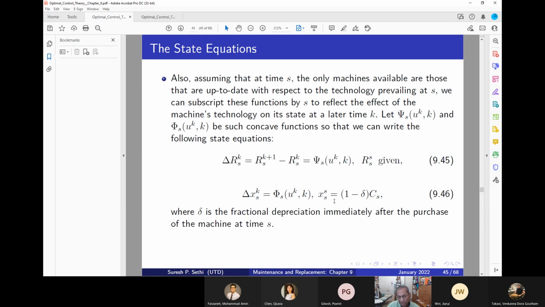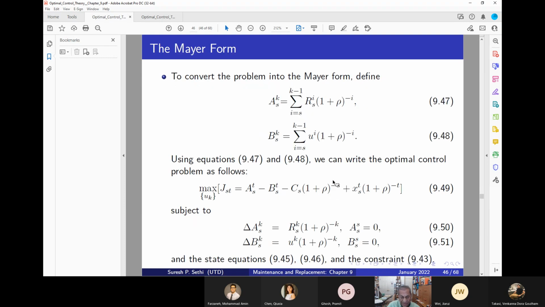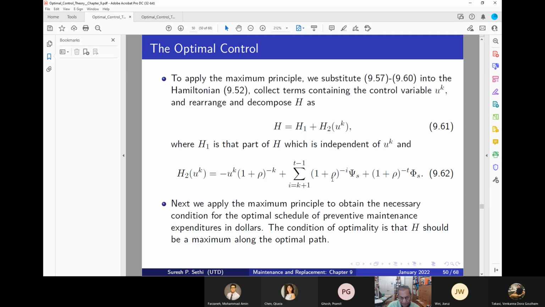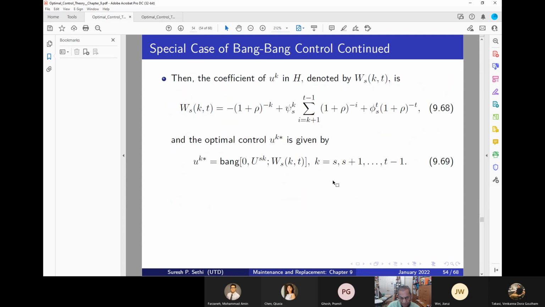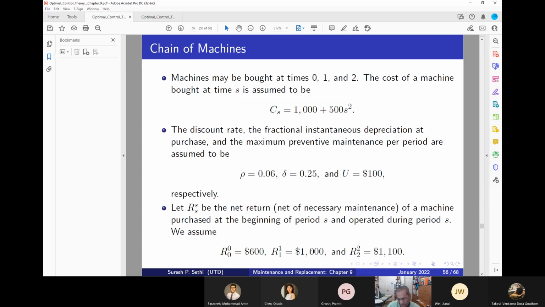So we need to define that. And we need RSS. This is already defined when we define CS. It's 1 minus delta times CS. So we define all the initial values.